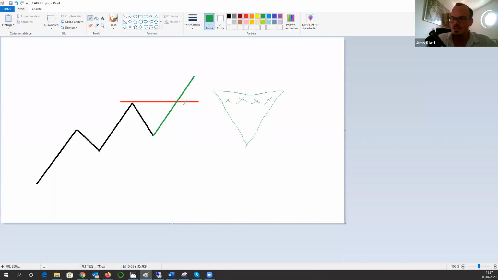Which means that coming lower here, the lower we get, the lower the necessity, respectively the willingness, to buy.